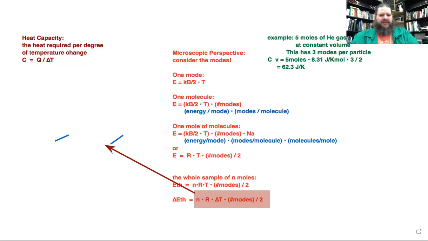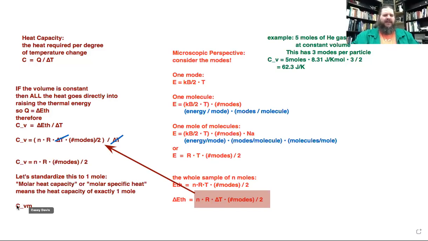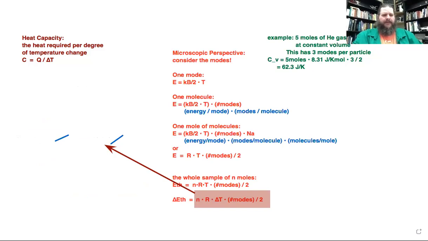That just means the heat capacity of exactly 1 mole. It's usually written as C sub Vm, in the sense that it's the heat capacity per mole at constant volume. And for that, we would just plug in 1 for N.